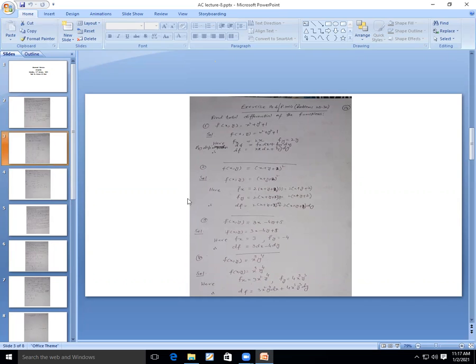When you differentiate this with respect to x, you get 2x; y square is constant, 1 is constant, and the derivative of these two terms is 0 by the sum rule. And then the derivative of the function with respect to y gives you 2y, because x square is constant, plus 1 is constant and its derivative is 0. Adding these two, you get df, that is the total differential.